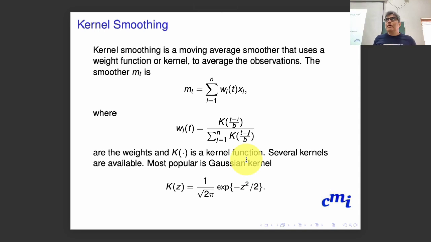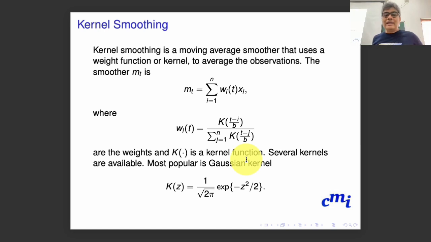Now I am generalizing that and bringing the idea of something called kernel smoothing. Now instead of aj, which is a weight, I can write w_i(t), with i running from 1 to n, whatever your n is, for x_i.